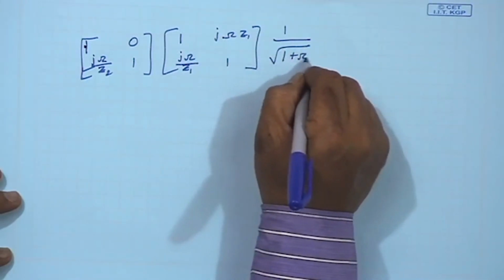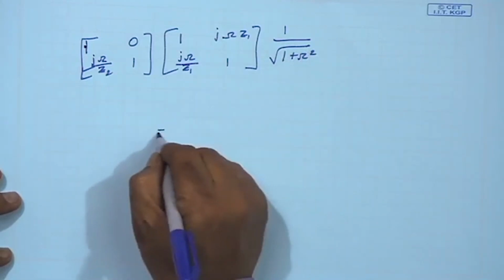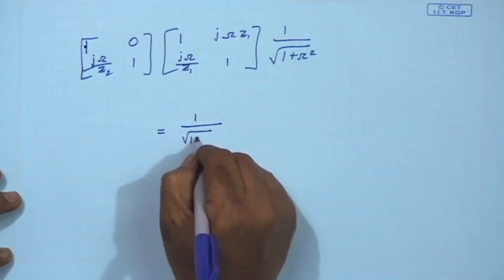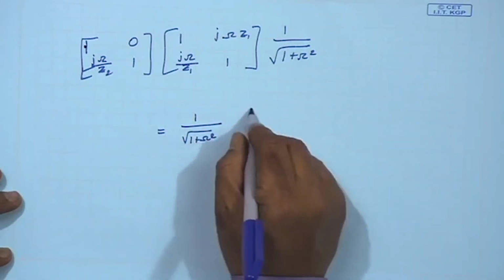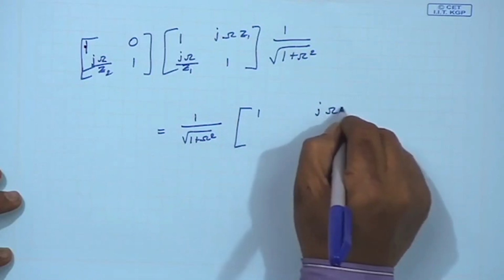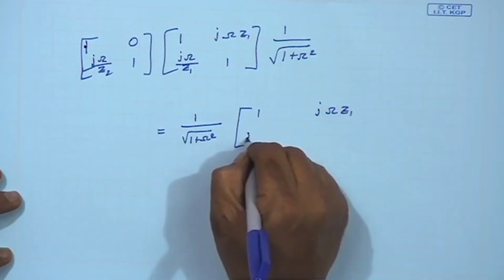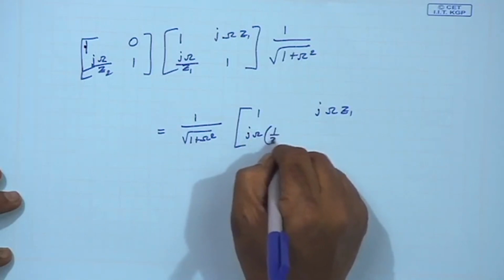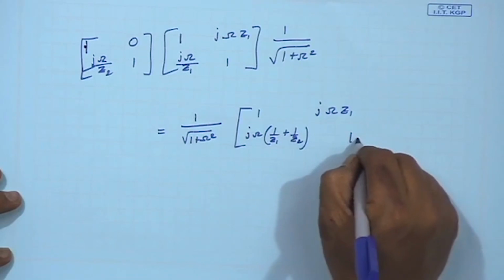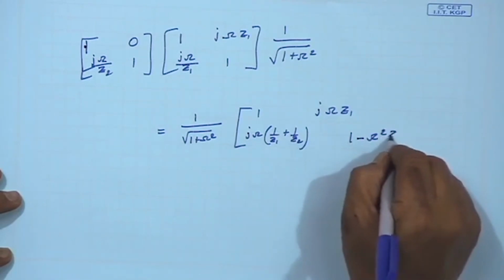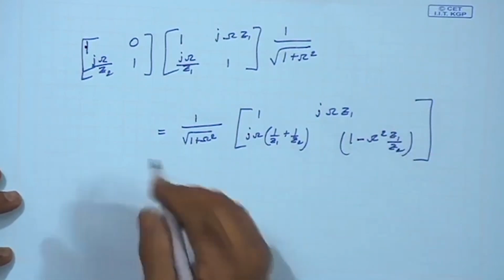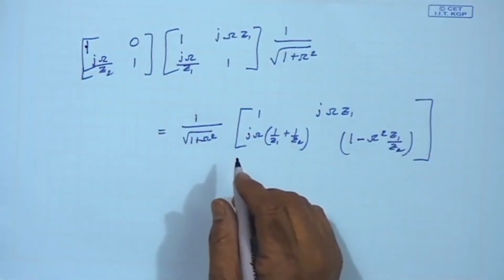So, this is 1 by root over 1 plus omega square, then 1, j omega Z1, j omega times 1 by Z1 plus 1 by Z2, and 1 minus omega square Z1 by Z2. This is the left hand side.